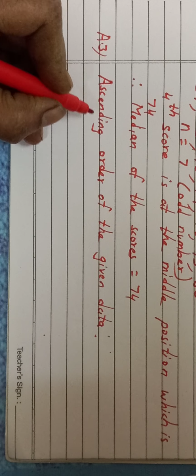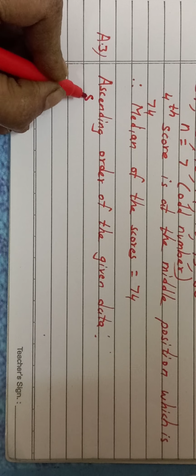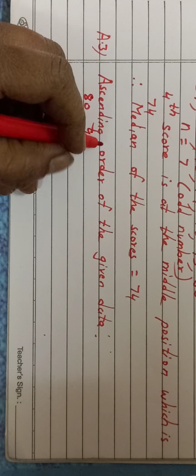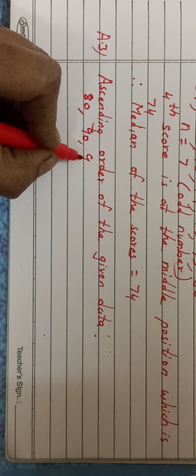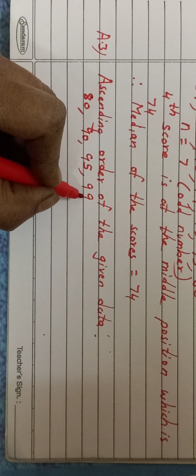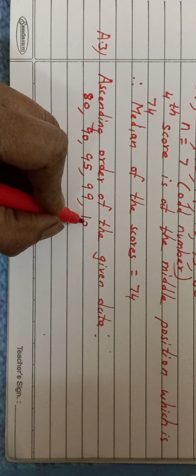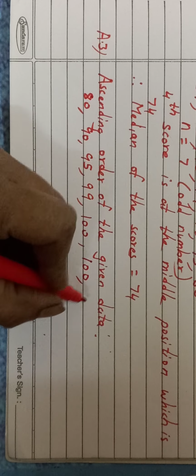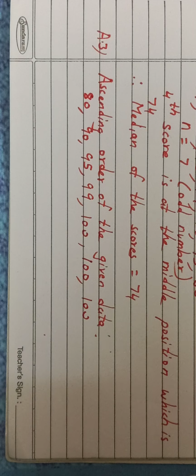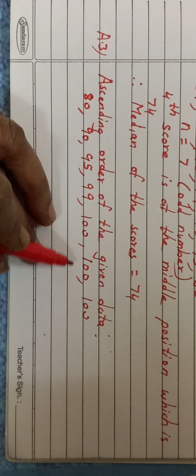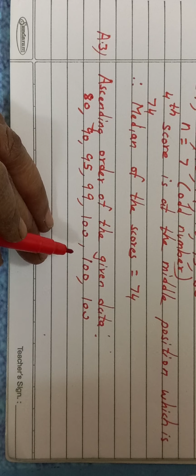So first we will write the ascending order of the given data: 60, 90, 95, 99, 100, 100, 100. Maximum frequency is 3.